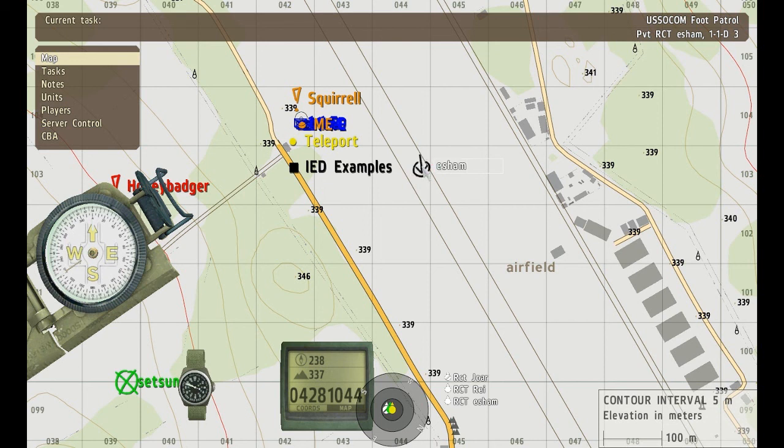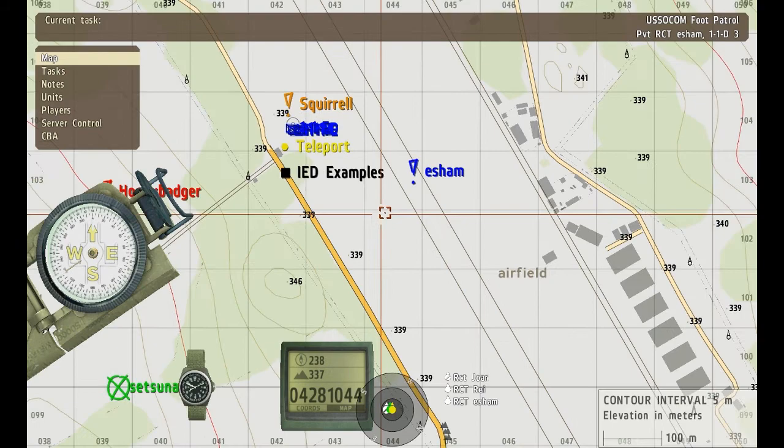Yeah, to delete markers, just put your mouse on it and press the delete button on your keyboard.